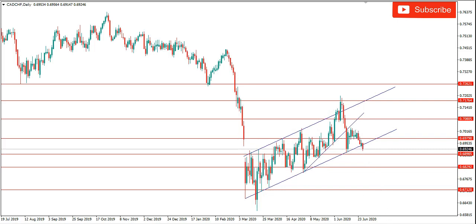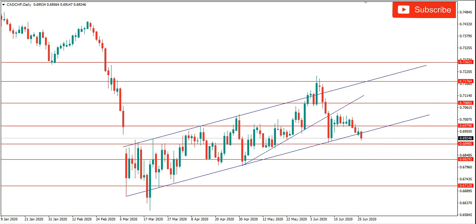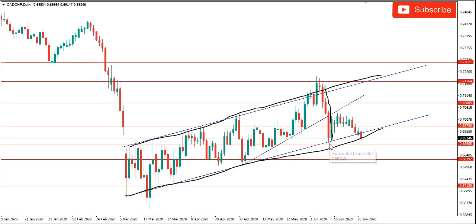So what do we have again from the daily time frame? Now if we zoom in a little closer at the recent price action, we have this ascending channel here which acted as the flag. Price came from this high, hit the support of the channel, and from there what happened next?